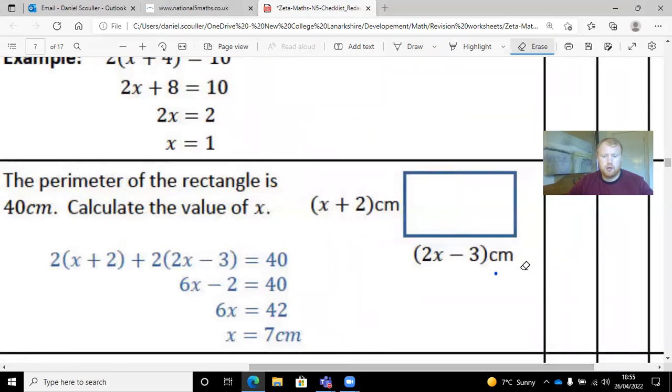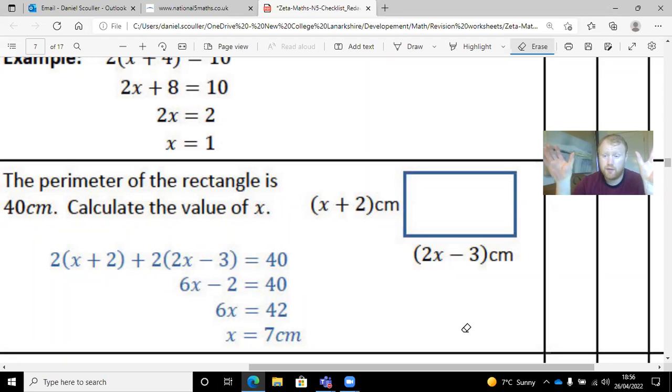What's going on here is you've got a rectangle. x plus 2 is the expression for this line, and 2x minus 3 is the expression for this line. It's asking you to calculate what x is if the perimeter is 40 centimetres. What you need to do is come up with an expression on the left-hand side of the equation that equals the perimeter of that rectangle.